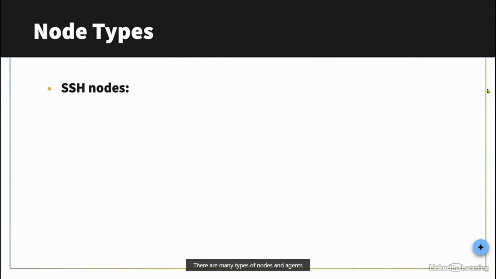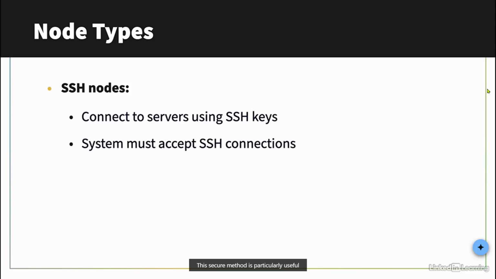There are many types of nodes and agents that Jenkins can use as compute resources. One of the most common node types is a secure shell or SSH node. In this case, Jenkins connects to a server as a specific user with an SSH key. This secure method is particularly useful if the node is not on the same network as the Jenkins controller.